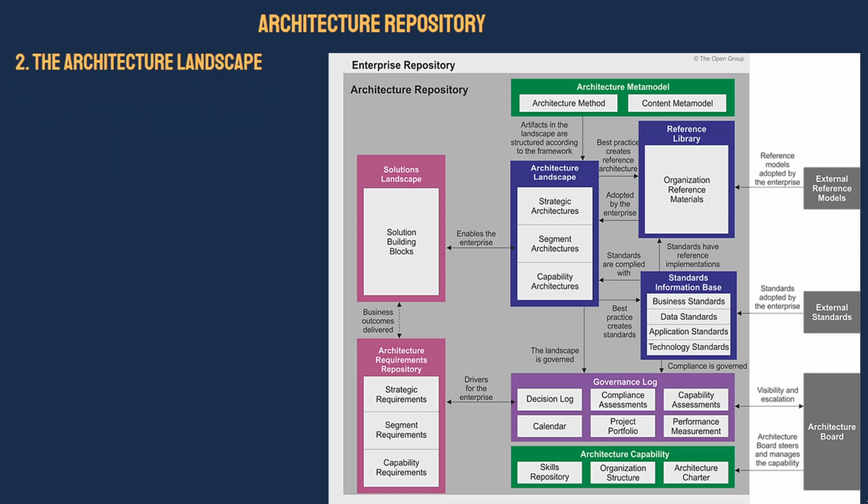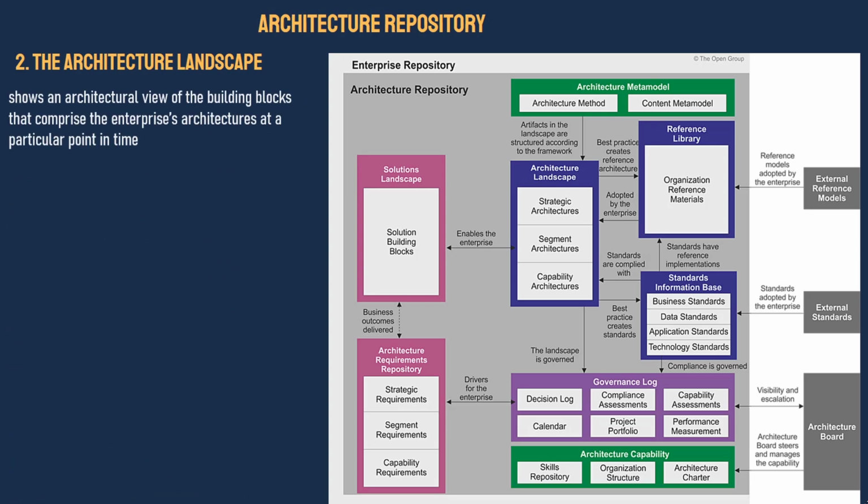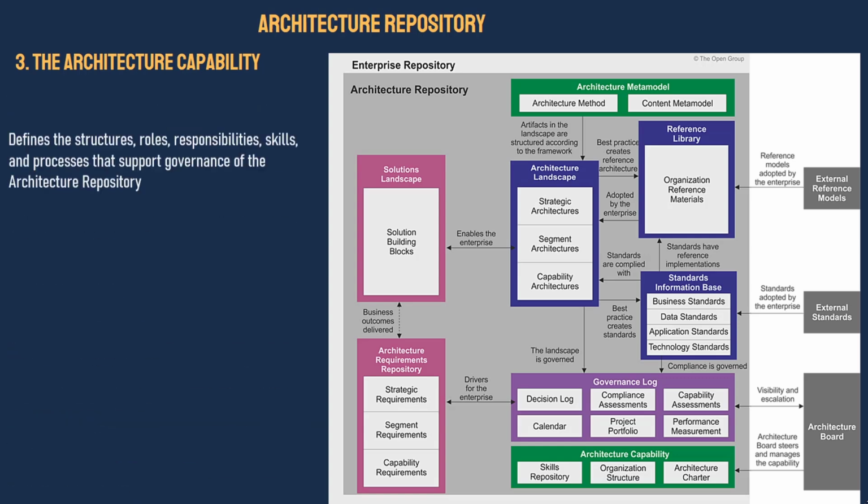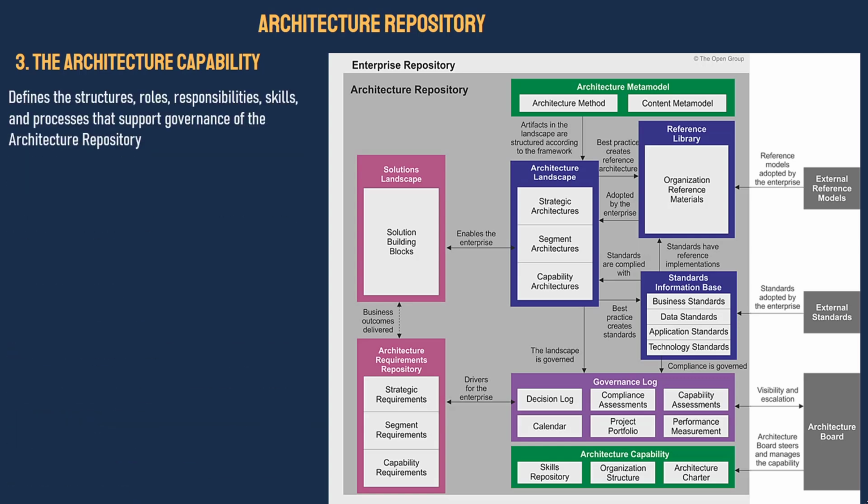The architecture landscape shows an architecture view of the building blocks that comprise the enterprise architectures at a particular point in time. The architecture capability defines the structure, rules, responsibilities, skills, and processes that support governance of the architecture repository.